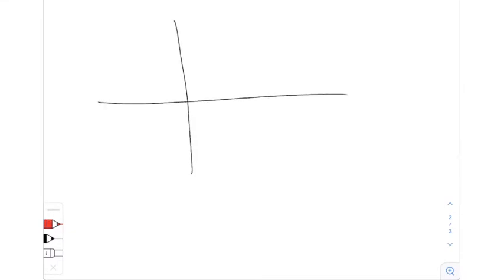Here's another function, something like this. This one overall does not have any absolute maximum or minimum, but if you focus only on a closed interval, and it could be anywhere, maybe from here to here, say, I only take from this point to this point, and I only look at this part of the function.